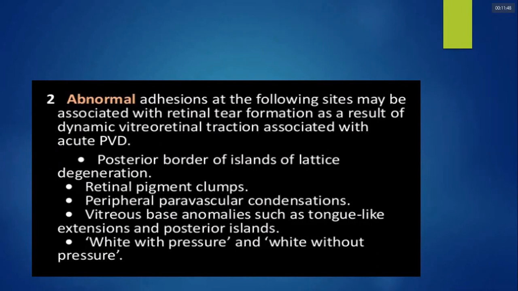Retinal pigment clumps, peripheral paravascular condensations, vitreous base anomalies such as tongue-like extensions or posterior islands, and white with pressure and white without pressure. So these are all the degenerative changes which occur in the retina. These are also sites for vitreous adhesions, but these are very weak sites for the adhesions.